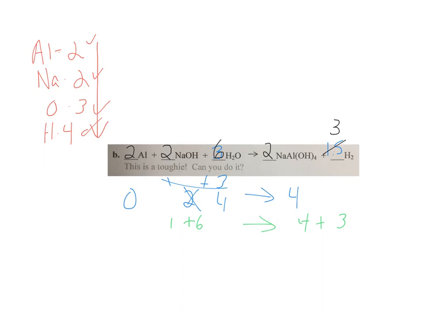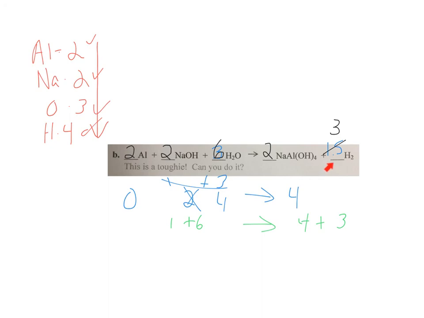So again, quick review of what the tricks are. You want to take your elements and first make sure that you figure out how many times each of those elements occurs in a compound in the equation, and go in order, starting with the least number up to the most frequent elements. The second thing is it's okay to add fractional amounts as long as it's temporary.